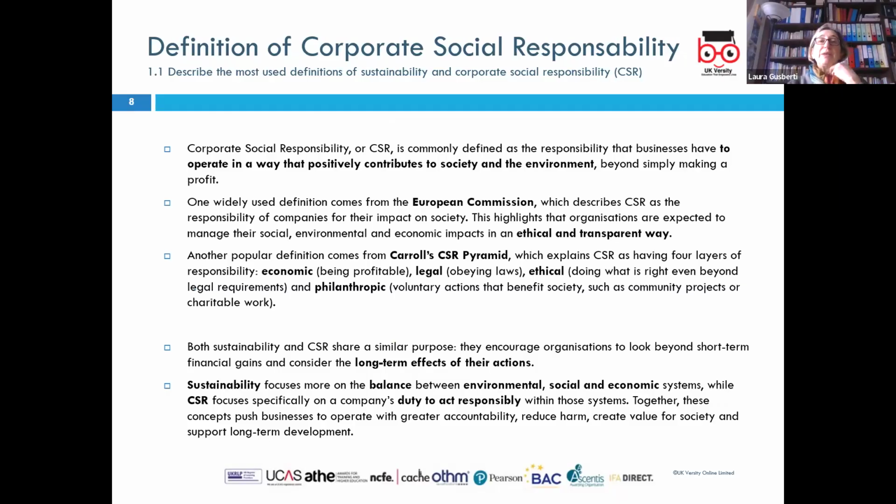So we were looking at sustainability and corporate social responsibility. As we were mentioning briefly before, corporate social responsibility is a choice of the corporation, of the organization, to operate in a way that is affecting the environment and society in a positive way. And they don't do this just because they want to be good.